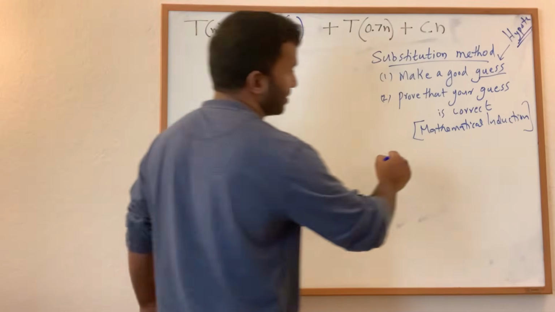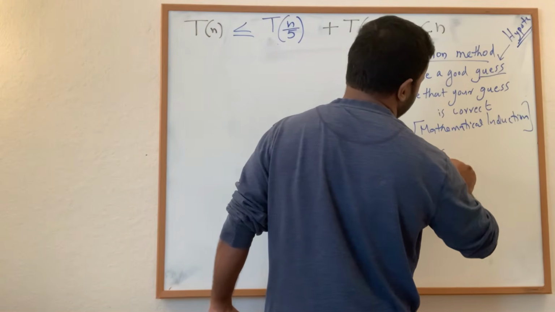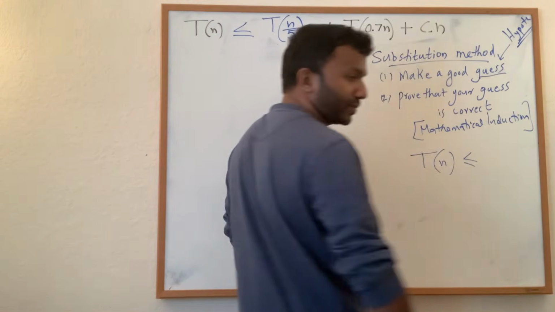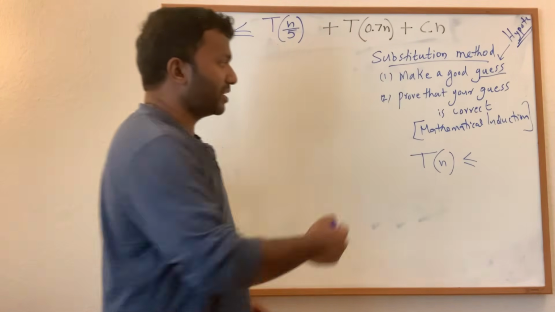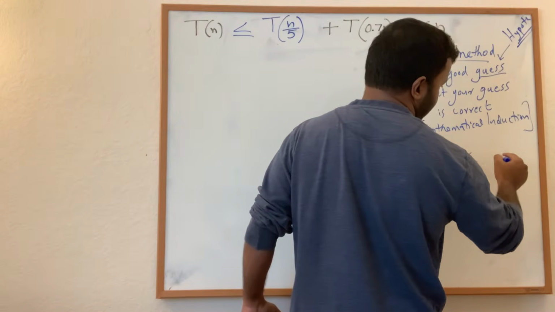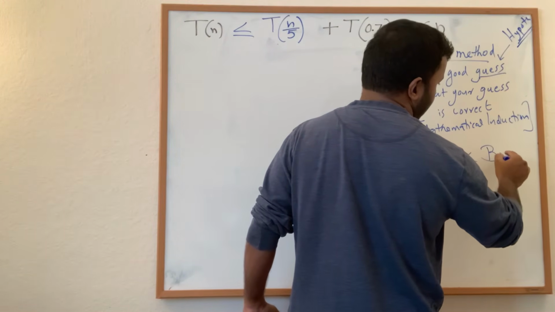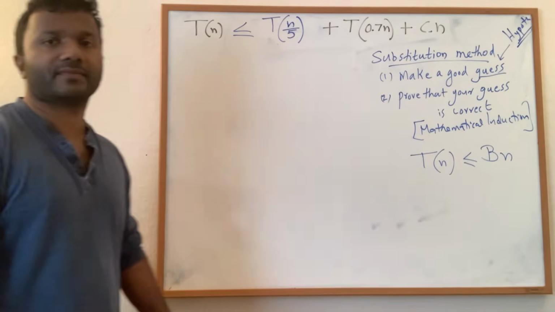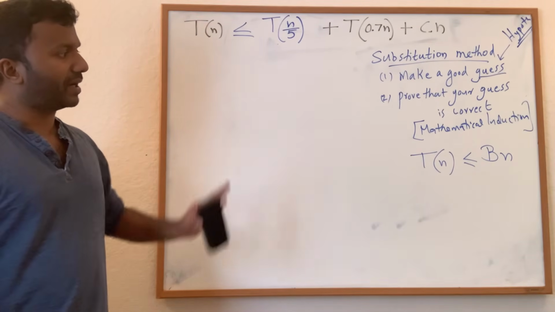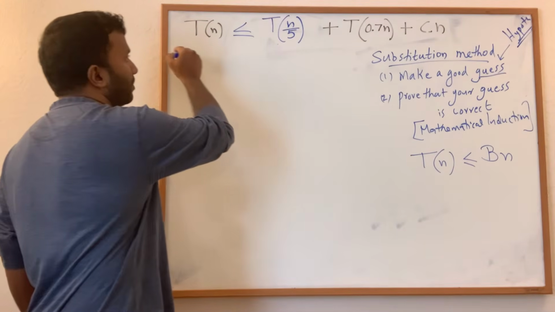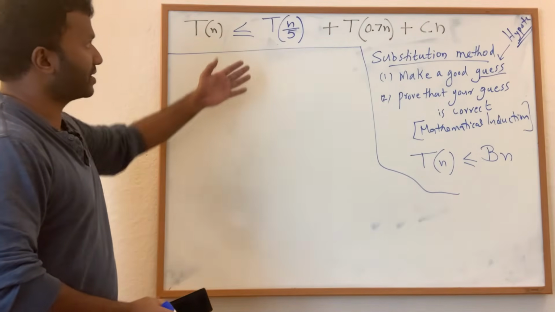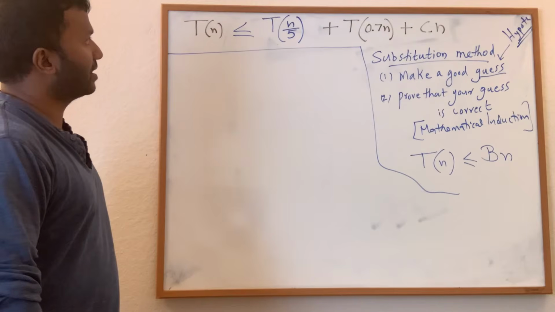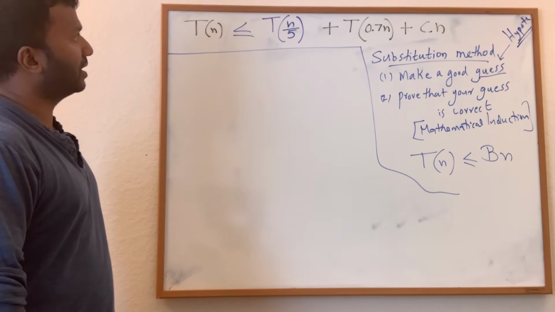So let me guess that T of n is big O of n. That means T of n is less than or equal to some constant, I'm going to use B, times n. That is my guess, and I need to prove that this relation is correct using mathematical induction.